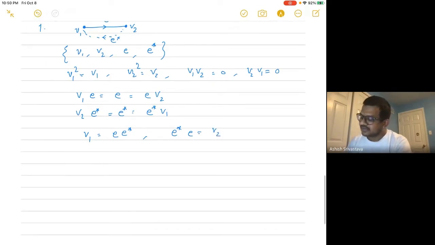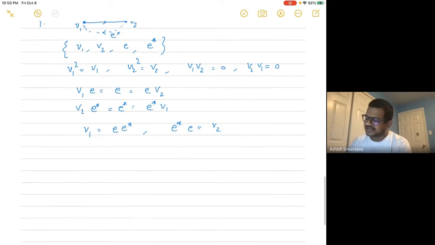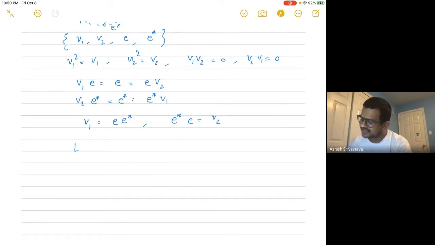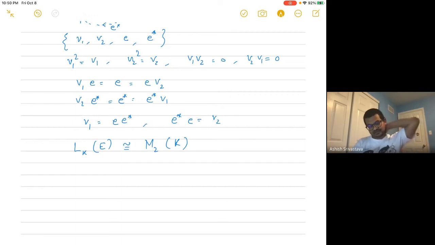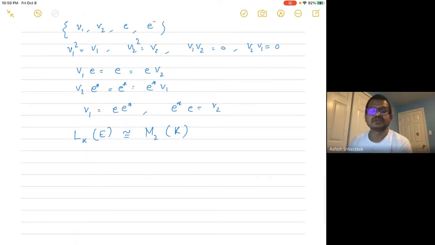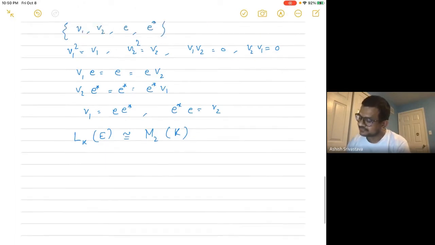Okay, now it's not too difficult to see that this algebra that we are getting here is isomorphic to the 2 by 2 matrix ring over a field K, with a very usual map here.